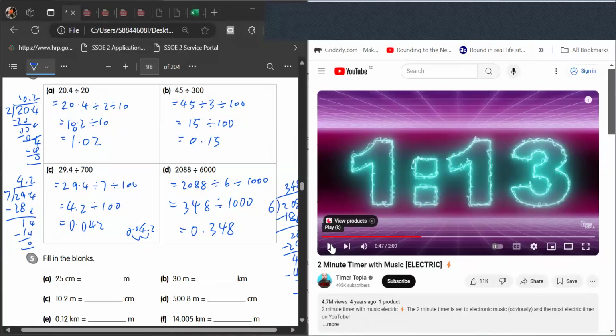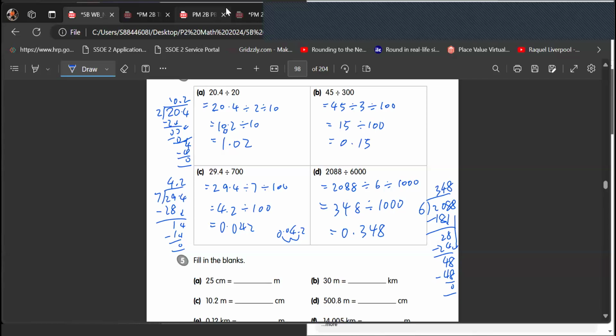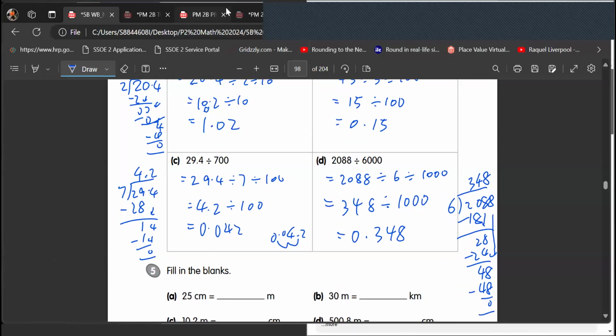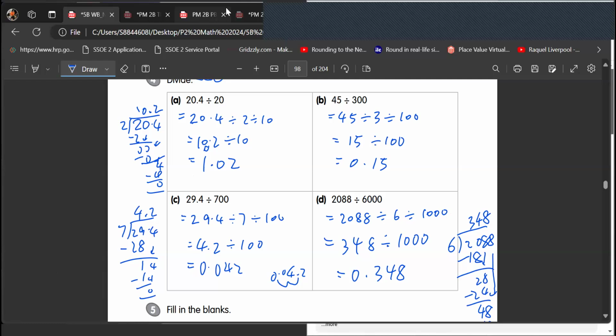Now you see, if you're taking very long to work this out, let me put this on the screen first. If you're taking very long to work this out, I'm a bit concerned because they are supposed to be basic questions.